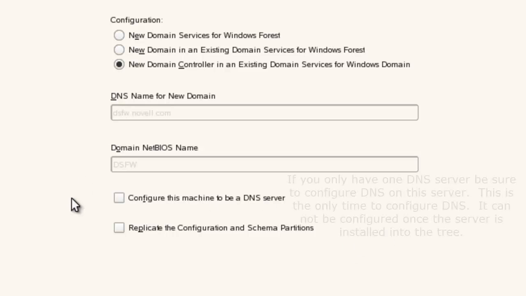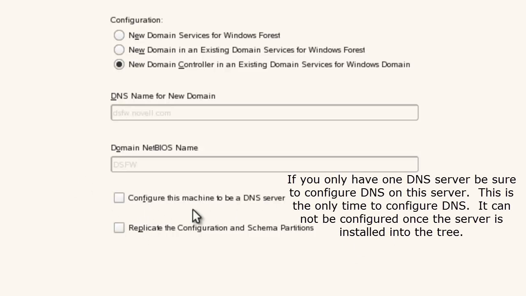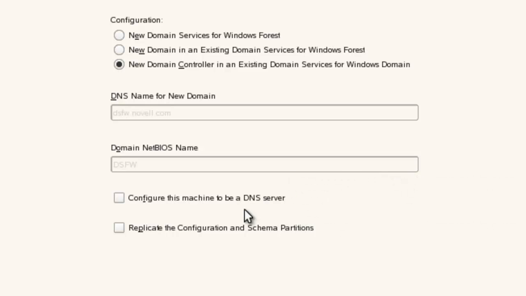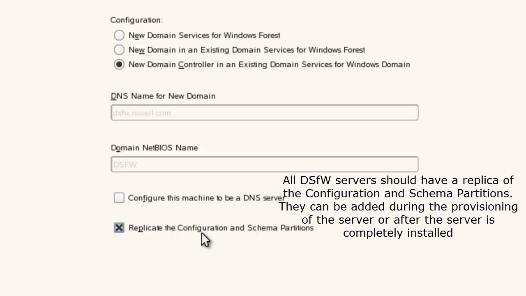I'm going to show you a couple of different things here. We'll show you what the configuration looks like. If we don't choose a DNS server, this is where you have the option to install or configure DNS on this server. If you don't do it at this time, you're not going to be able to do it. And also add replicas. You can do it at this time, or you could add these replicas later.